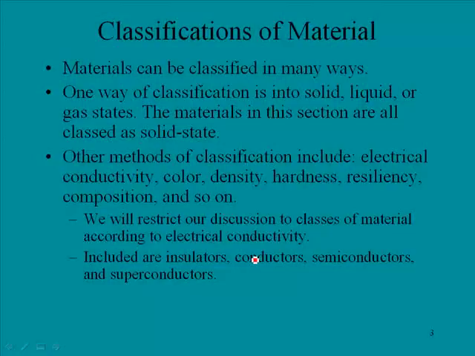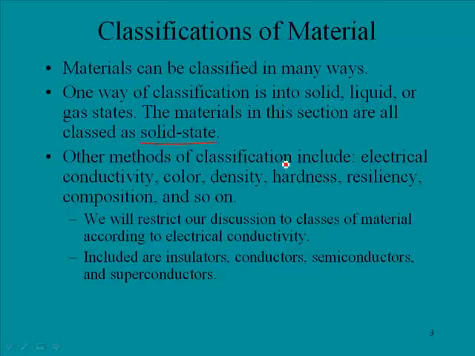Classification of materials. Materials can be classified in many ways. One way of classification is into solid, liquid, or gaseous states. The materials in this section are all classed as solid state.